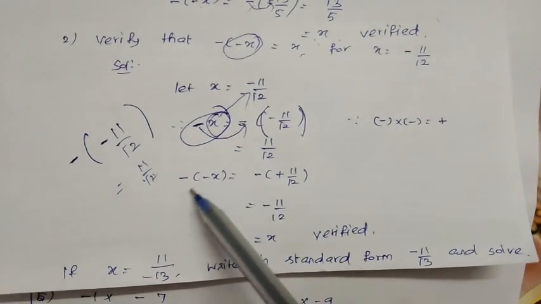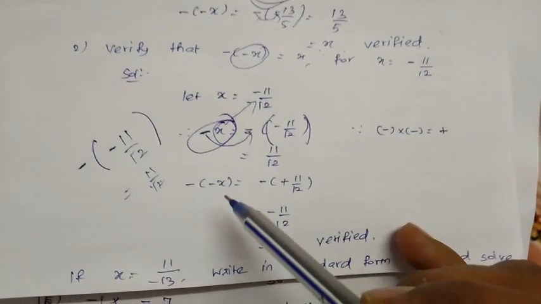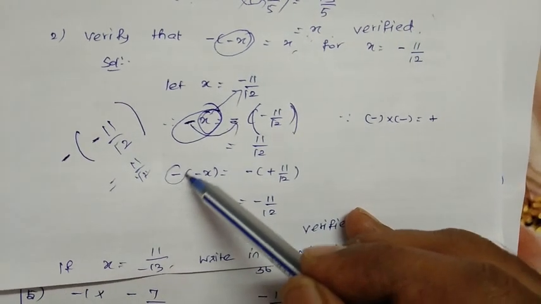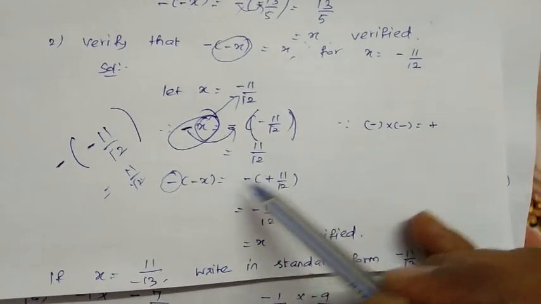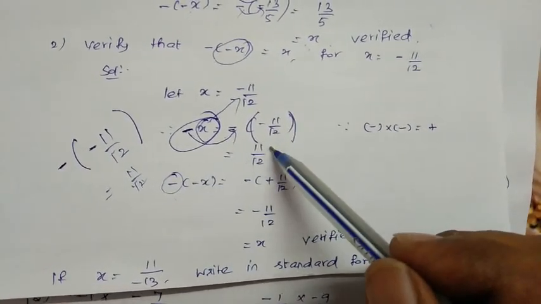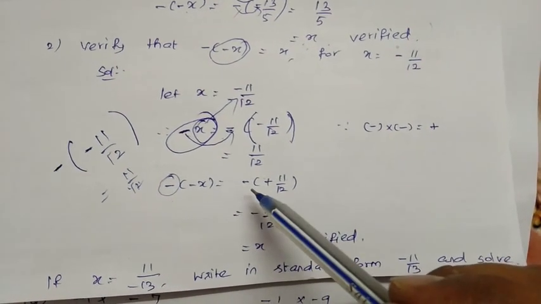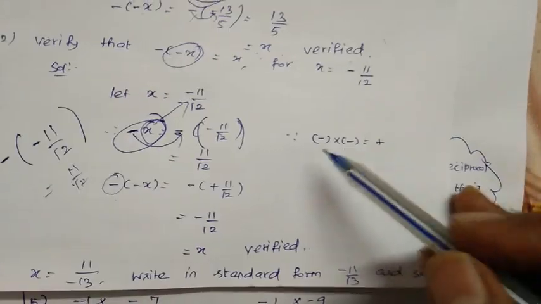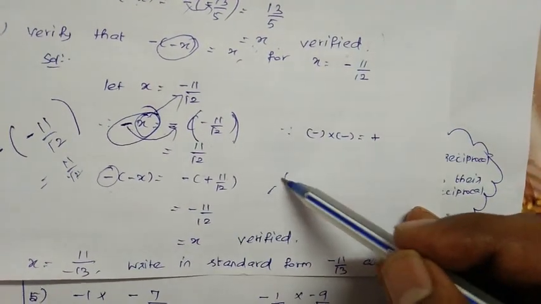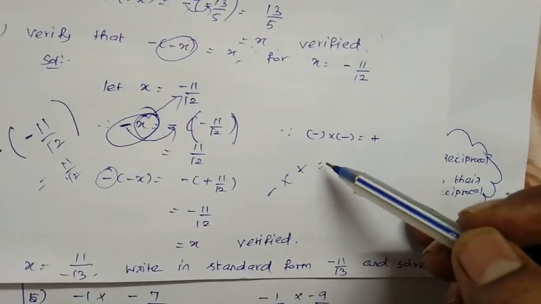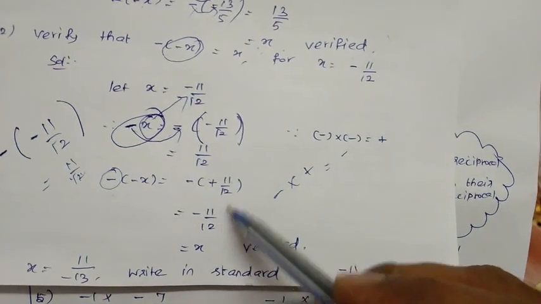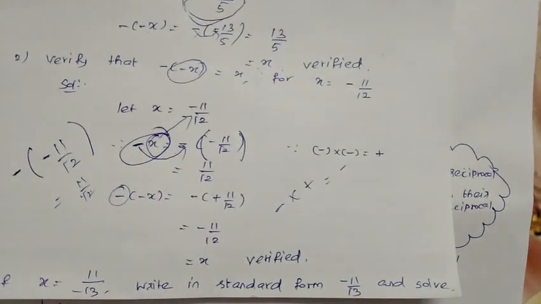Now minus of minus x only we need to find. So first introduce this minus. After that, minus x value, you have 11 by 12, that is plus 11 by 12. Now minus into plus, we get minus. So minus 11 by 12, that is the x value.